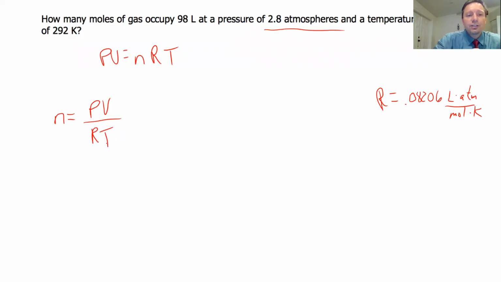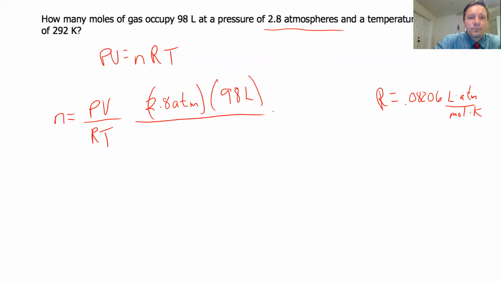So my pressure is given to me, so I have 2.8 atmospheres. My volume is 98 liters. My R value is 0.08206, and this is liters times atmospheres over moles times Kelvin.